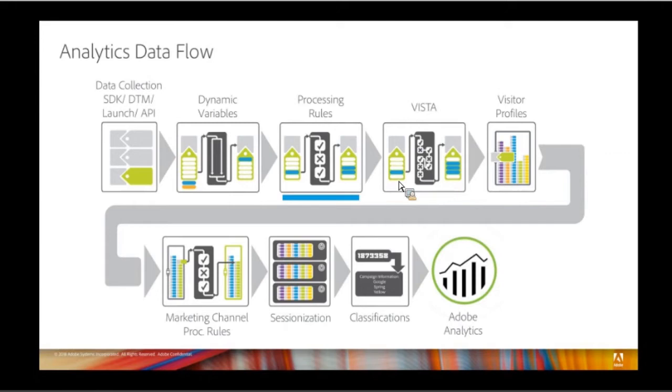From there, you're able to take advantage of dynamic variables. Dynamic variables are a way to simplify some of your data collection, where you can copy data from one custom metric or one custom dimension to another. That happens quite automatically, and it's one of the first things that happens in terms of the data flow. In addition, using the SDK, you may be leveraging context data variables.